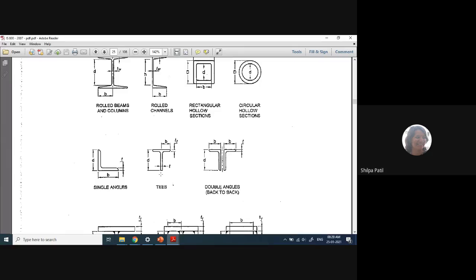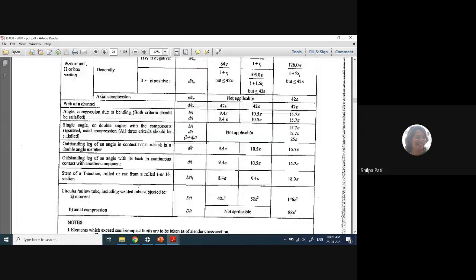As we discussed in the last lecture, all these members are unstiffened elements. The flange also has a support at one end, and the other end is free. Similarly for the stem, one end has support and the other end is free. But this portion is not identified as a web, it is identified as the stem of a T section, and for that the formulas are applicable here.